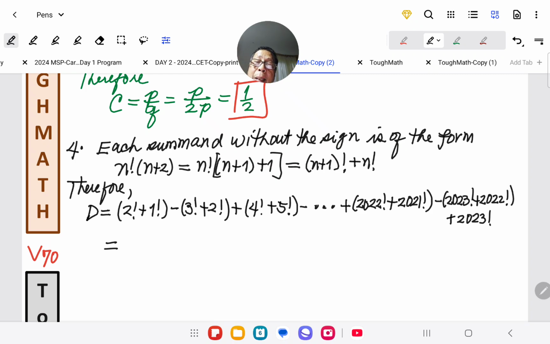So notice that except for 1, all the other factorials add up to 0, because you have a 2 factorial, but you also have a negative 2 factorial. You have a 23 factorial, but you also have a negative 23 factorial. So this is just equal to 1.